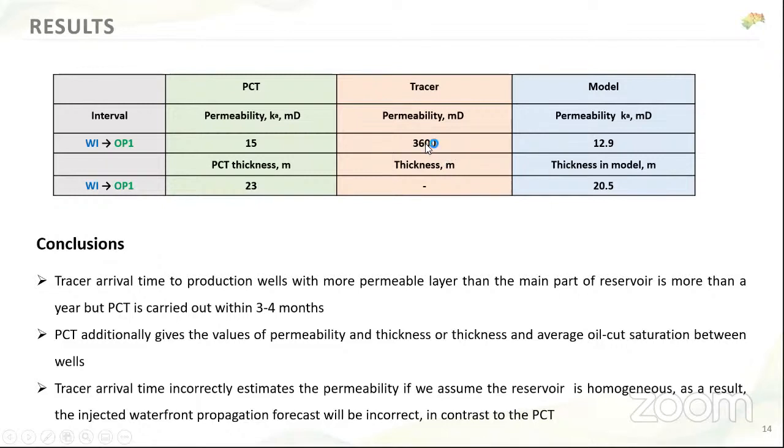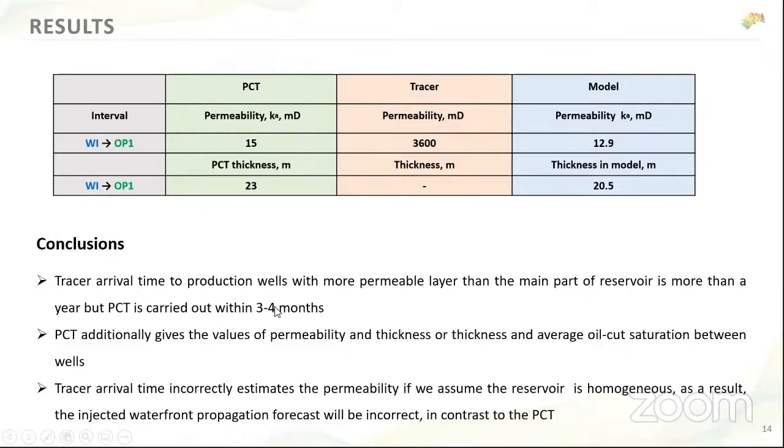And the tracer permeability, of course, was much overestimated, because we have got the tracer arrival time through the high permeable layer, and assuming that it goes through the whole thickness of the reservoir, whole 20 meters. That's why we have significantly overestimated reservoir permeability.